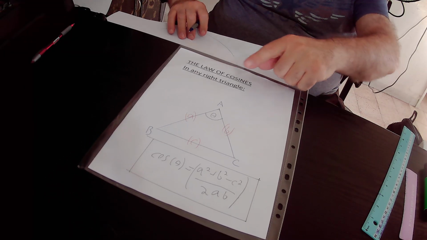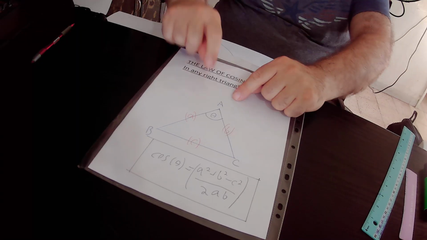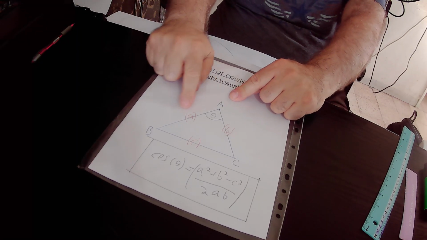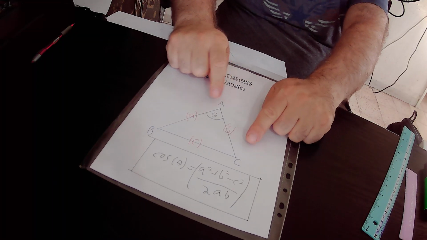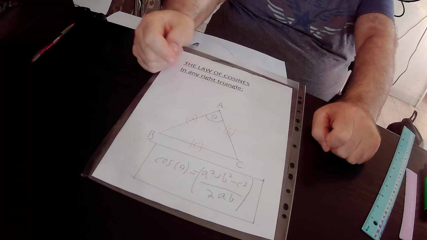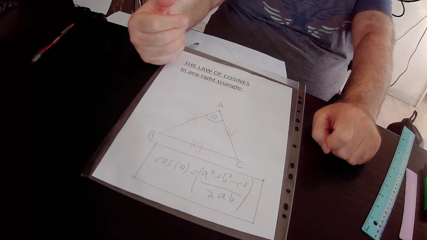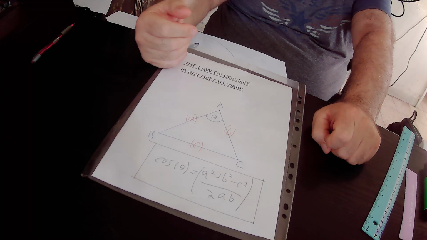So we have here triangle ABC that could be any triangle. The length of side AB is A. Side AC equals B. This is side BC, which equals C. According to the law of cosines, the following equation will be true.